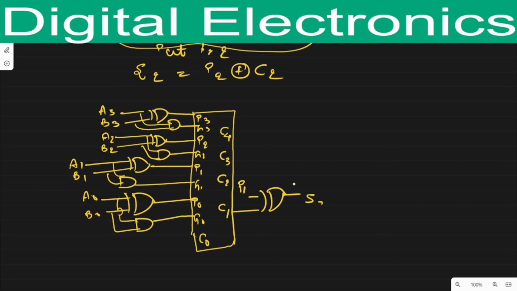Same as in this case, same as in this C3 also. Here I am taking P3 and providing these two into an XOR gate, and we will calculate S3.